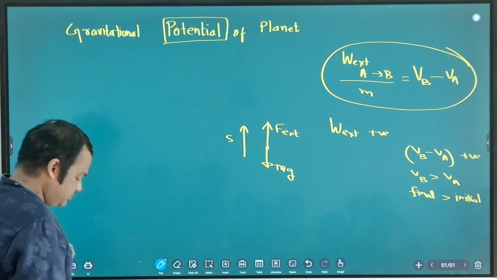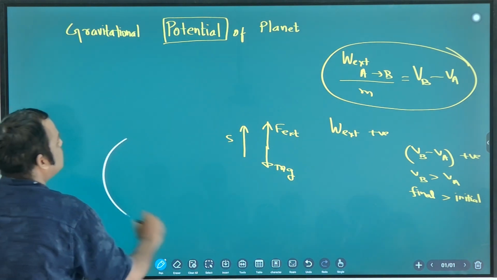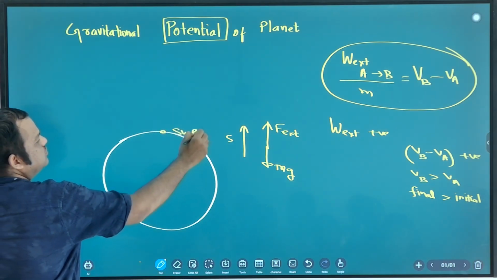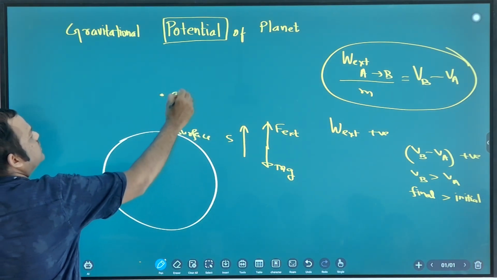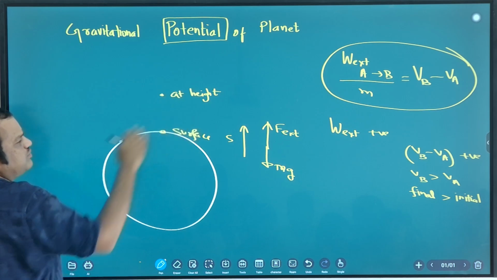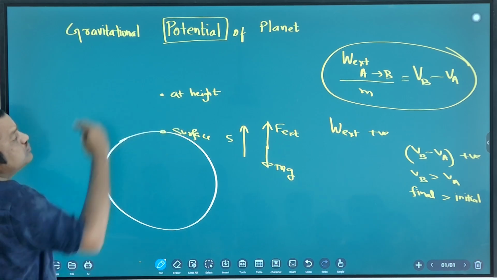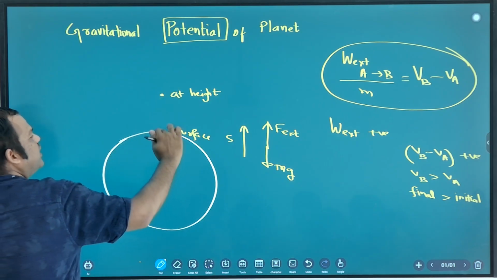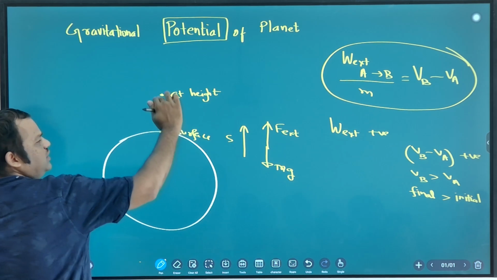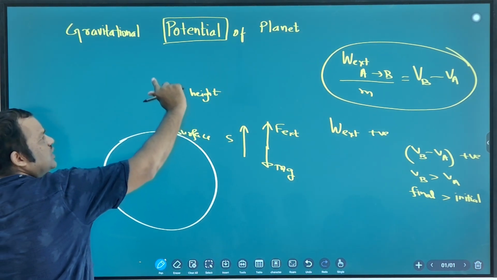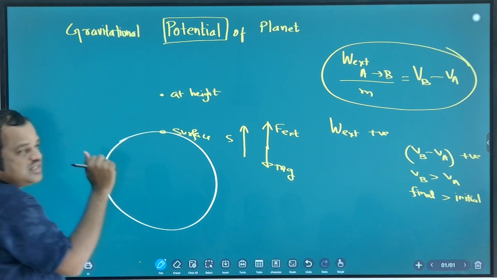Clear? So suppose this is the planet. This is the surface and this is at height. Where is potential more, at height or at surface? At height potential is more. So as you move away from the surface, potential is increasing, right?